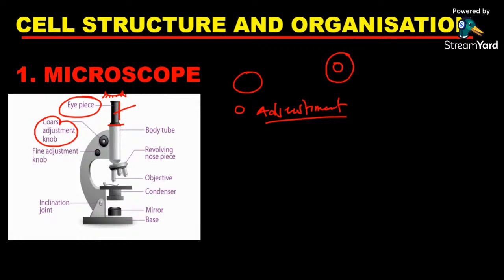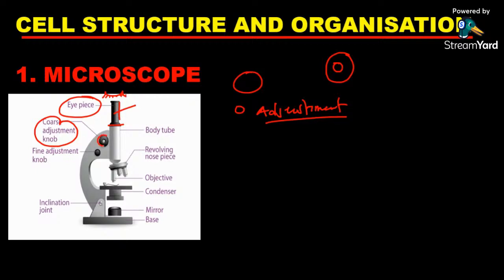As you can see, the coarse adjusting knob, what is the function? The function is to move the body tube to produce large changes in focus.